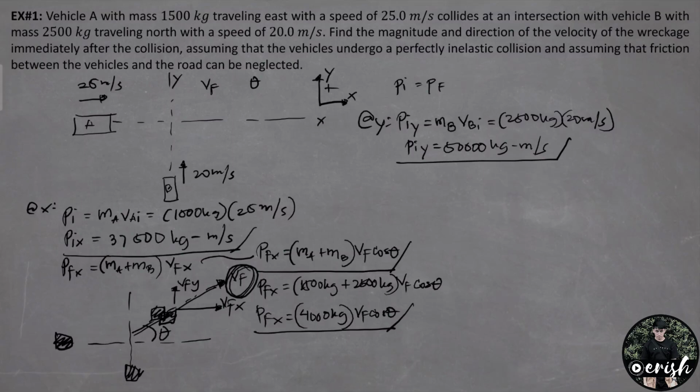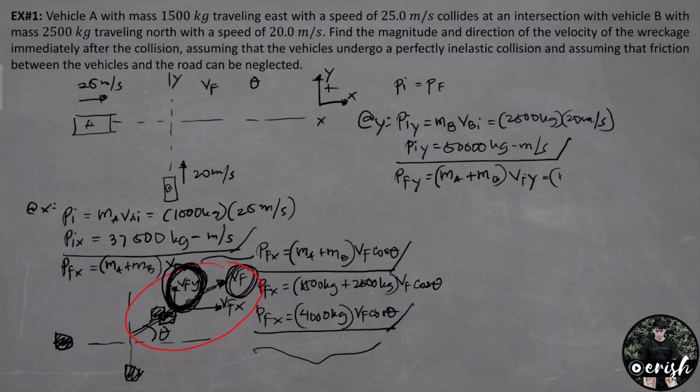Final momentum naman at y component, again, i-consider na natin itong final momentum, yung momentum after the collision. And since isa na lang kanilang velocity and same process with the final momentum at x, combined na yung kanilang masses, mass of A plus mass of B, times the velocity final. Pero, ang i-consider na natin dito, since y component ito, yung final velocity at y component.